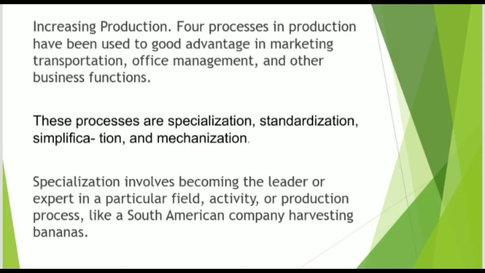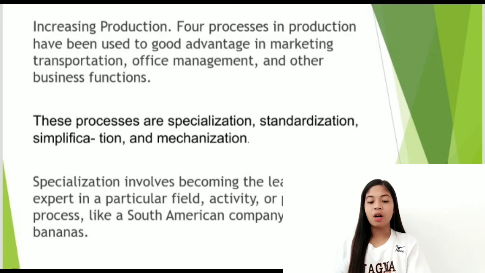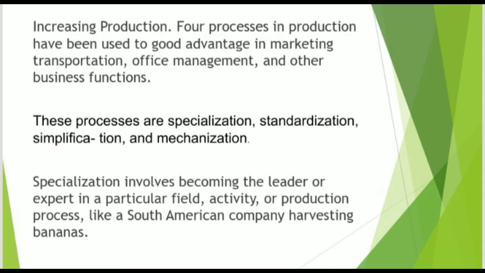Increasing production. Four processes in production have been used to good advantage in marketing, transportation, office management, and other business functions. However, where they find greatest application and are mainly responsible for the progress of industrialization is in advanced countries. These processes are specialization, standardization, simplification, and mechanization.